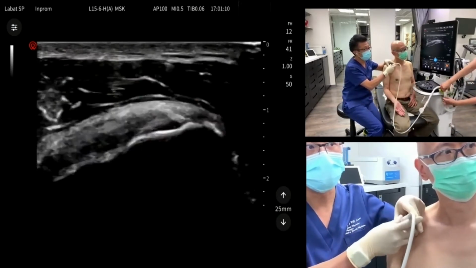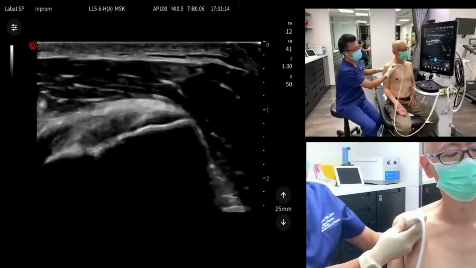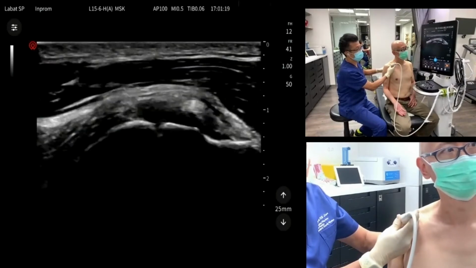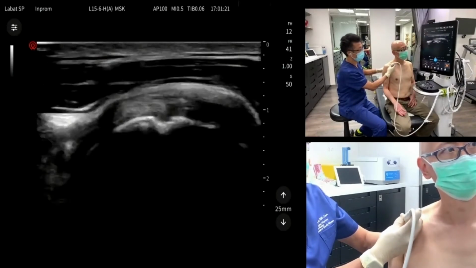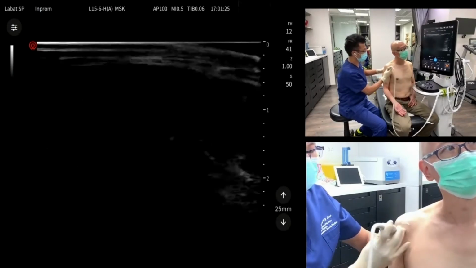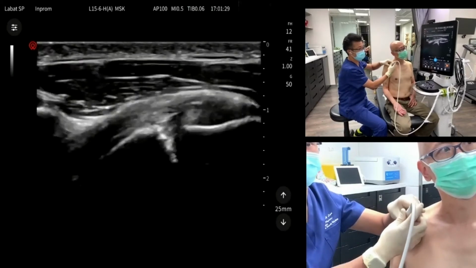And I'm going to pivot the medial side of the probe towards the coracoid process here. The coracoid process is on the left side of the screen right now.